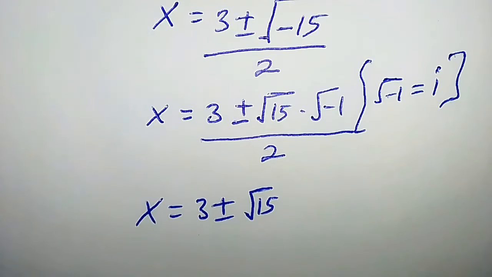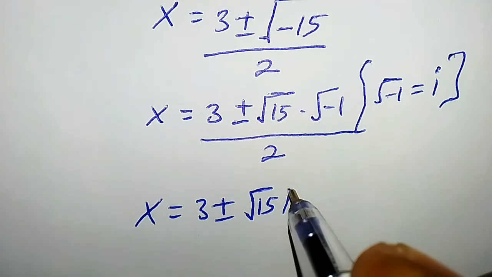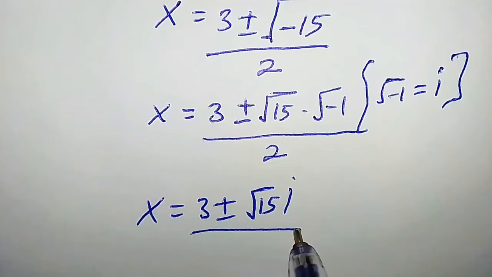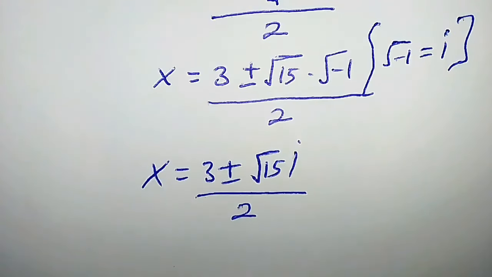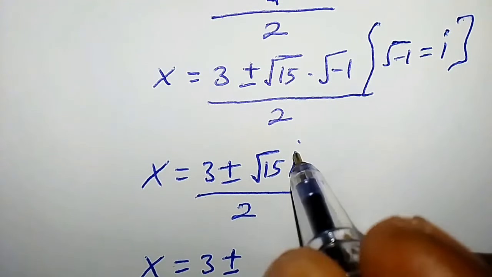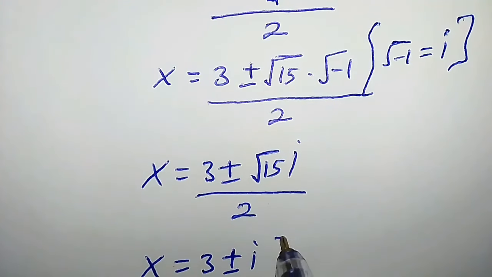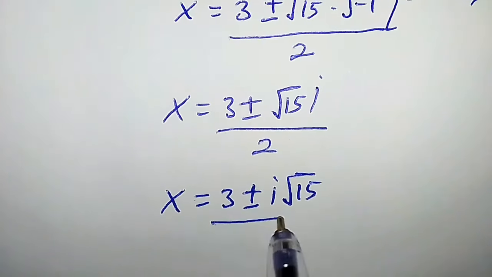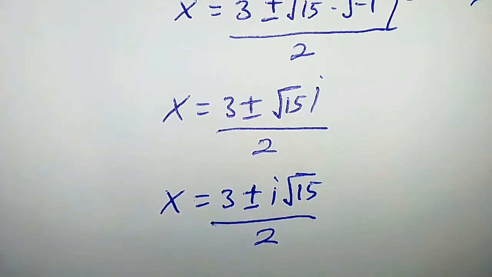So that means we have i here over 2. That is, x is equal to 3 plus or minus, let's bring this i here, so that will be i times square root of 15 divided by 2. This is another solution entirely, and it is a complex solution.